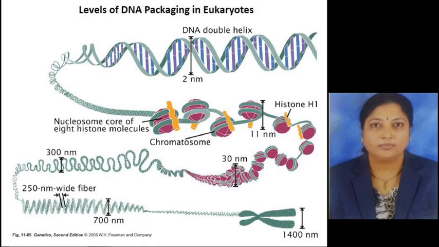Each nucleosome is composed of DNA wrapped around 1.65 times around 8 histone proteins. The 300 nanometer fibers are compressed and folded to produce 250 nanometer wide fibers, which are tightly coiled into the chromatid of a chromosome.